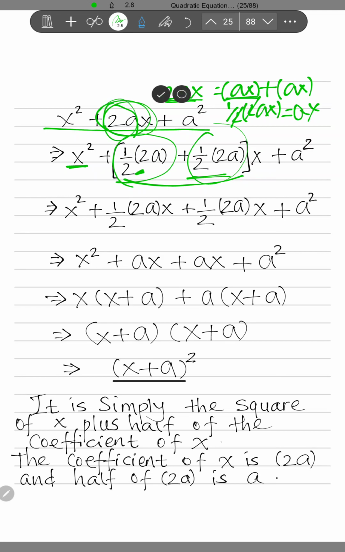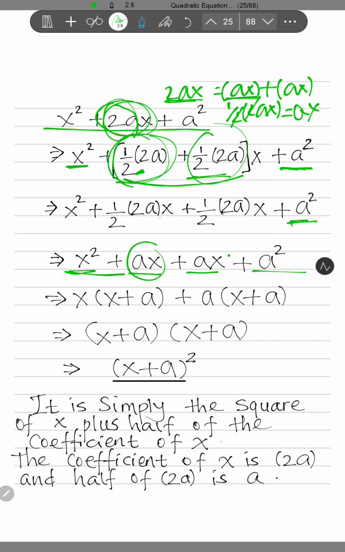So what we have done is split the middle term into two equal parts, and the other one we keep as it is. Half of 2a is just a, another one as well, a. So x squared plus ax plus ax plus a squared.